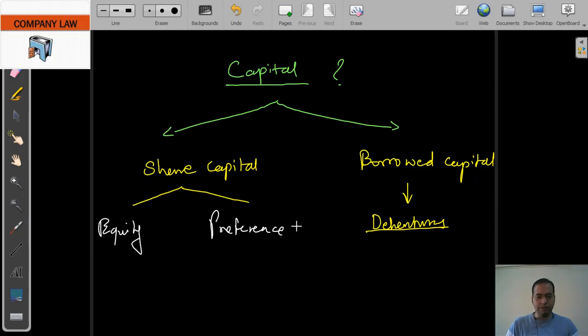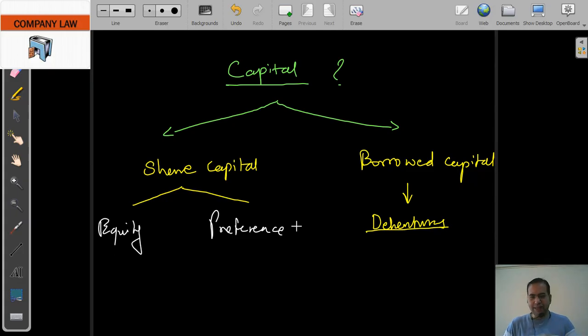So basically, when a company issues share capital, the company uses this money to meet its requirements by way of acquiring business premises and stock in trade, which are called fixed capital and circulating capital respectively.